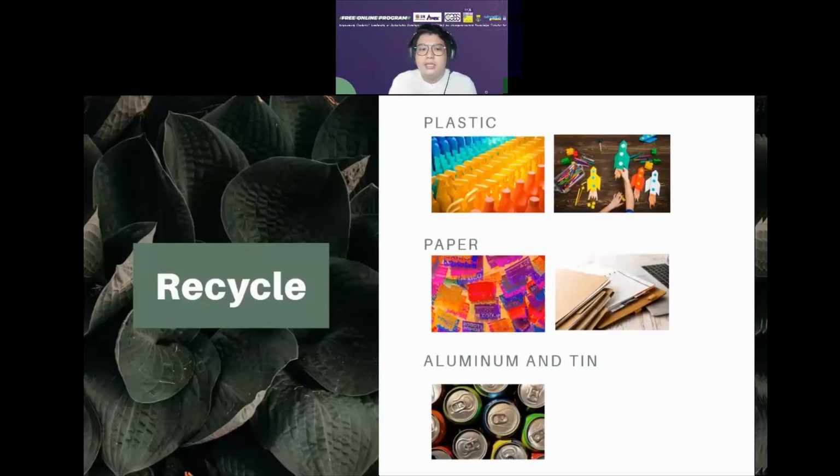So recycling. There are some things we already know how to recycle, such as plastic bottles. Those shampoo bottles that we have finished using, instead of just throwing and buying a new one, we can buy the refillable pack and refill it back, and we can use the bottle.